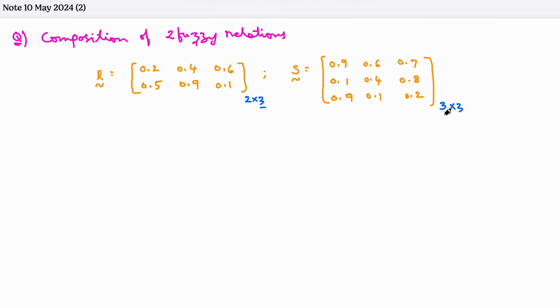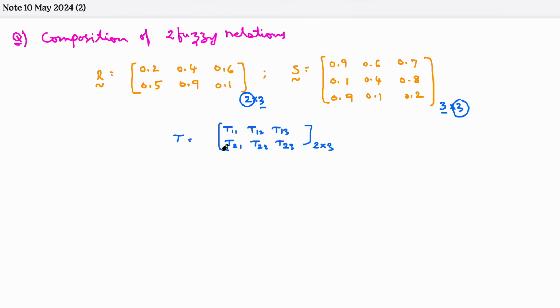So 3 and 3 will get cancelled and you will get T equal to something like a 2 by 3 matrix. That means this 2 and this 3 will come. So now our job is to identify T11, T12, T13, T21, T22 and T23.